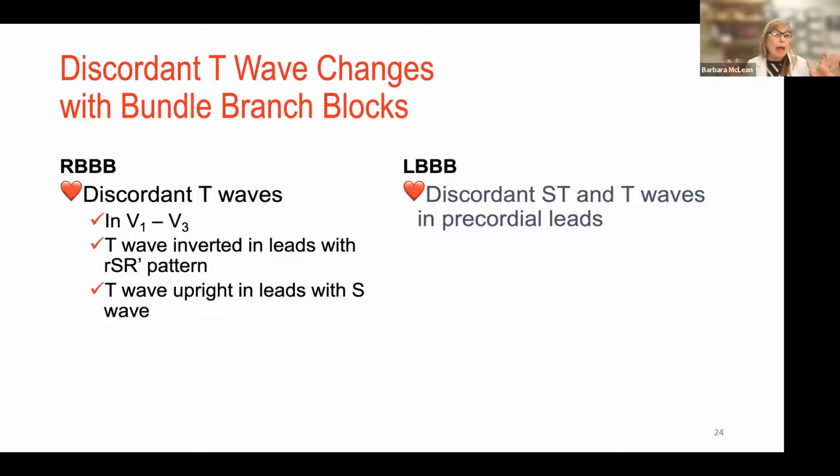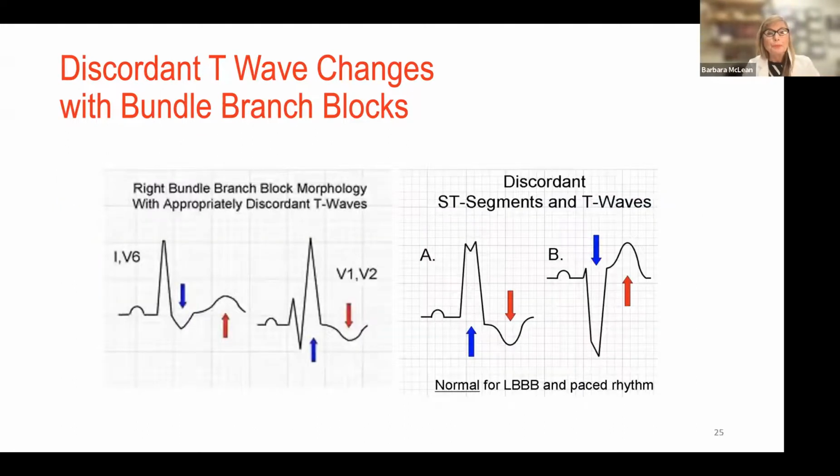And I'm expecting that if my ventricular depolarization is upright, meaning it's primarily an R wave, that my T waves will be upright as well. Okay. So again, really, really important when we're talking about T wave changes and bundle branch block.